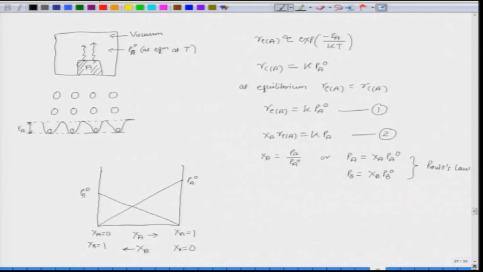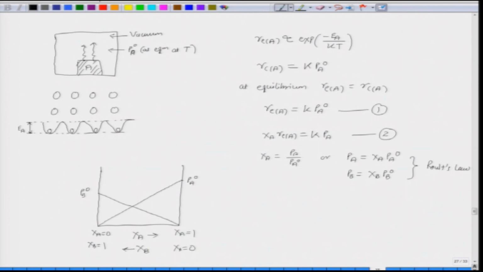Now, there is an assumption that we have made here, which we did not express earlier. What is that? When we wrote equations 1 and 2, for the pure element as well as for the solution, we are assuming REA is the same, that is the intrinsic rate of evaporation is not changing for A, whether it is pure A or inside a solution, right.